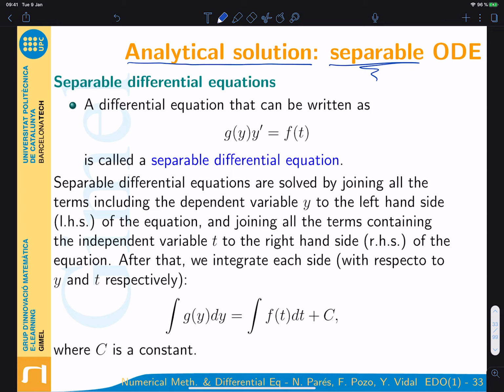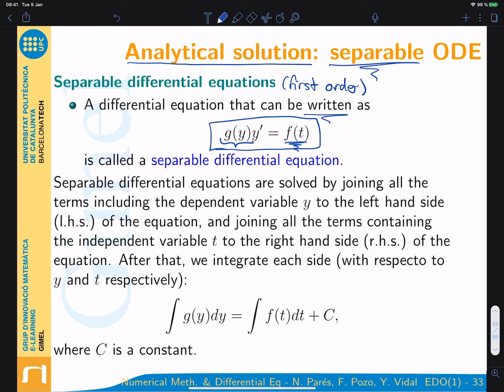Any first order differential equation that can be rewritten in the following way is separable. Now, let's understand this equation. This means a function of y. So everything inside g(y) means an expression that only depends on y, but it does not depend on the independent variable.